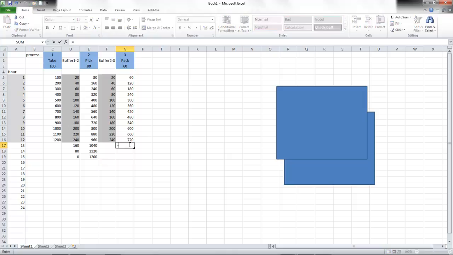And for every extra hour, process 3 is going to add another 60. So it's operating at 60 per hour. And really, if you use Excel, all you have to kind of do here is drop this down until that number is 1,200.